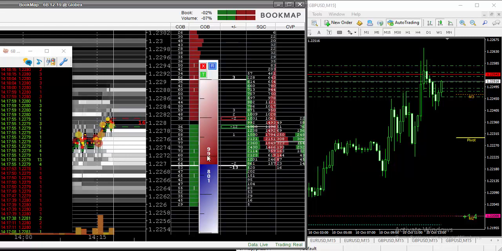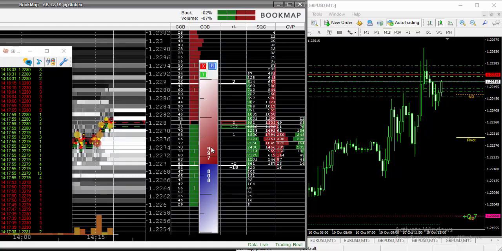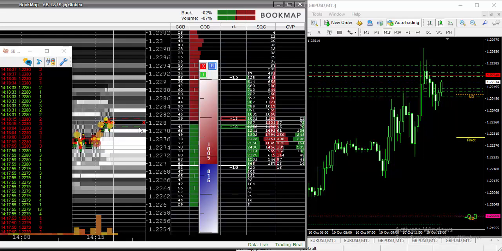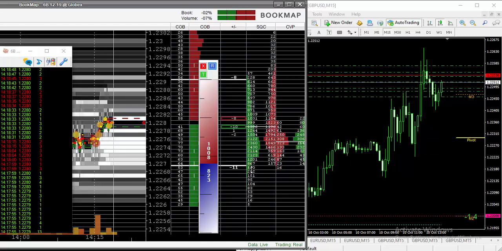You remember it was like 700 to 500, I think, or 600 to 500. But now the buyers are nearly matching up the lots traded by the sellers. We have 997, okay, 1,800, but these guys are just selling into the bid. And as you see, we have 55% against 43 point something.